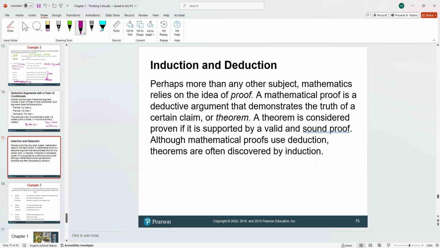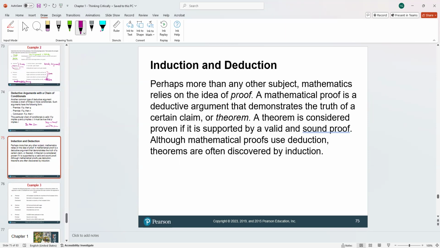Perhaps more than any other subject, mathematics relies on the idea of proof because it's very important. Whatever we say, we can prove it because it's math. That's what we said about inductive and deductive in mathematics.